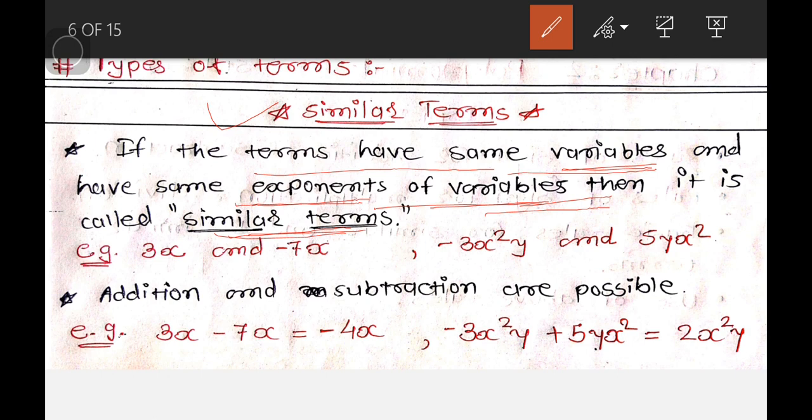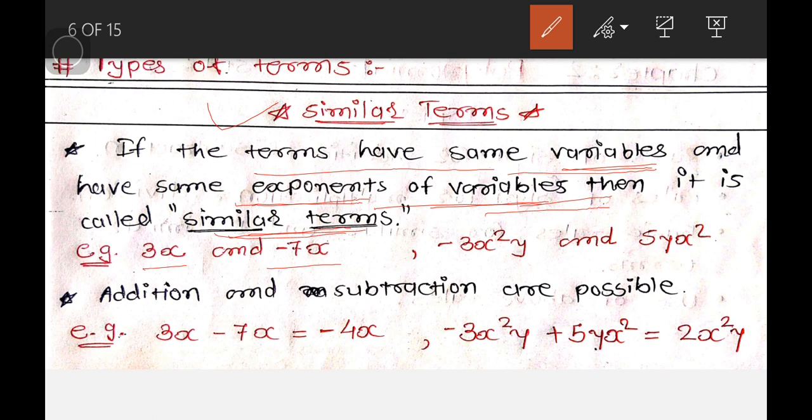If some terms are given and they have the same variable and the same exponent of variable, then we can say that the given terms are similar terms. Here is the given example, 3x and minus 7x. Note that here we should not look at the coefficients of 3x and minus 7x.